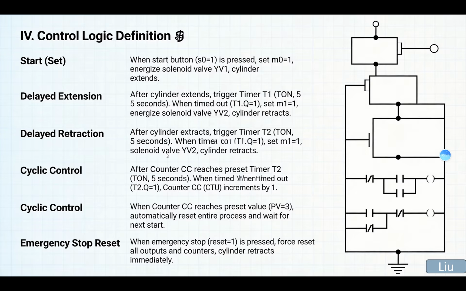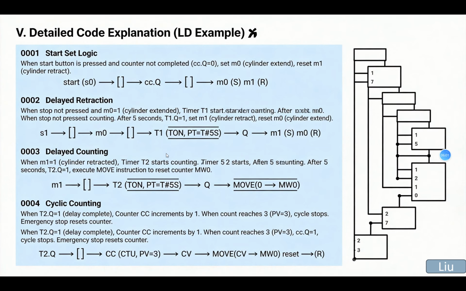The cylinder control and the emergency stop reset. Okay, let's see the detailed code explanation. Section 1 is start, set logic, and the delayed retraction. Then the delay counting. The last one is link counting.